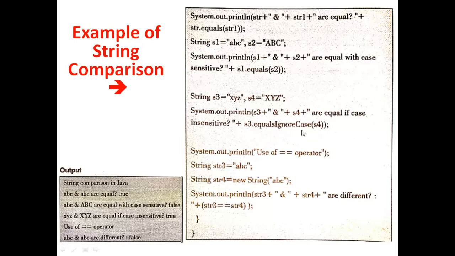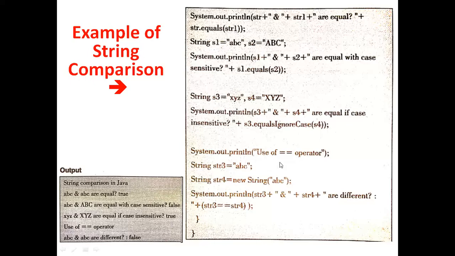This is also a function which is written in the library of the String class, where we are comparing S3 and S4. Both the strings are the same but differ in case, and the function which we have called ignores the case sensitivity. Therefore, we get true in the output.